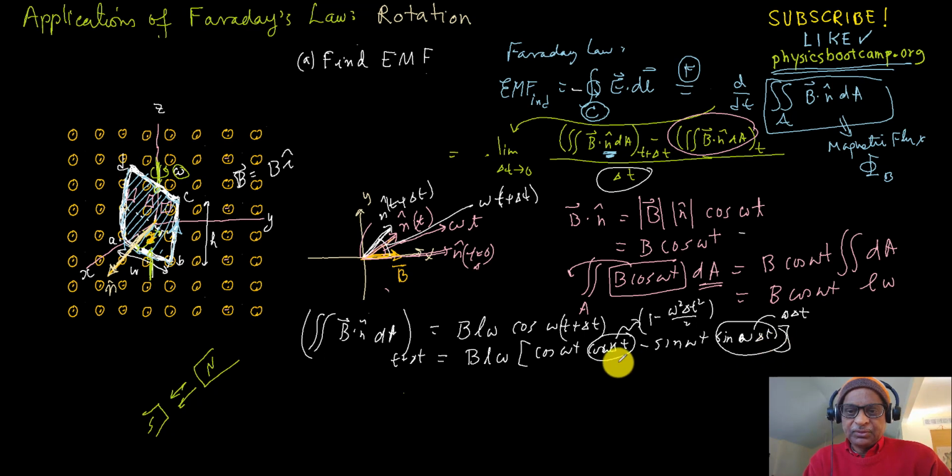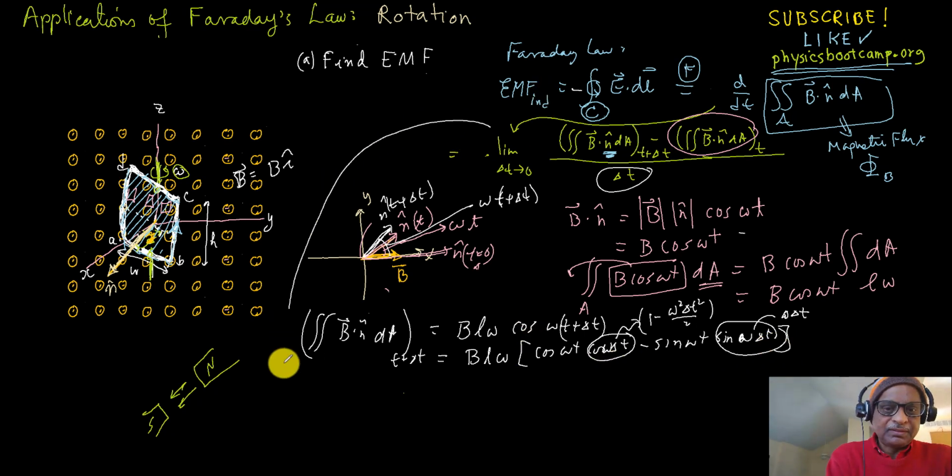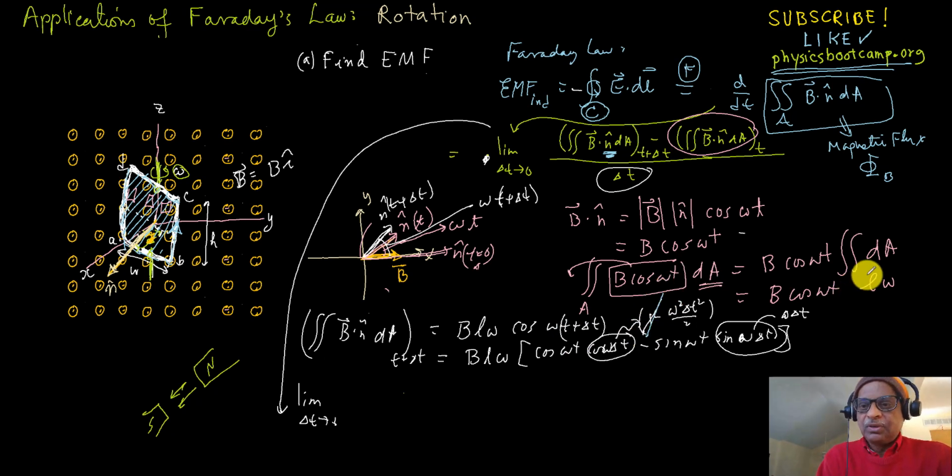Okay, so when you put this in there, in the limit delta t goes to 0, this one term will cancel that guy from here, and you should work this out.